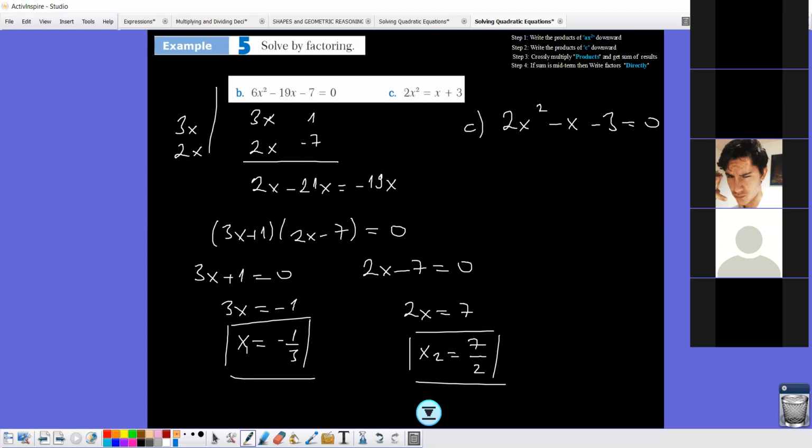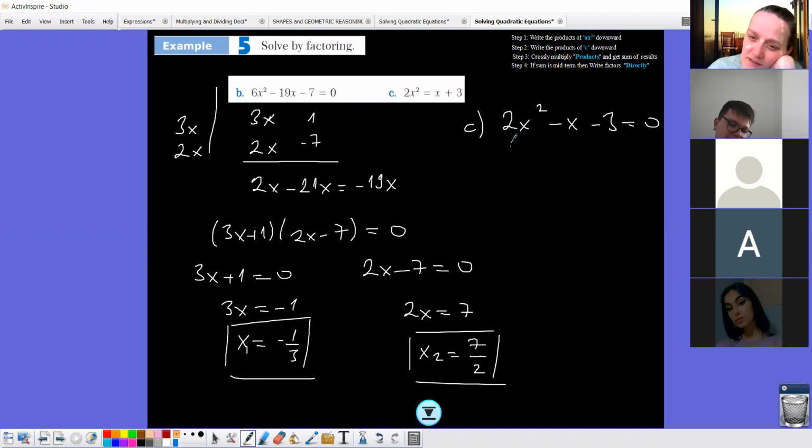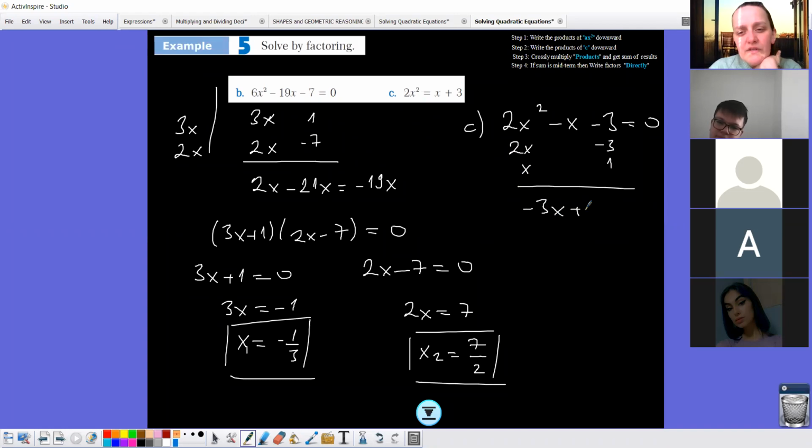So did you find it here? Yes, teacher. Teacher, it will be 2x times x plus, and minus 3 times 1. So directly minus 3 and 1. When we do the cross product, we get minus 3x plus 2x, which is minus x.